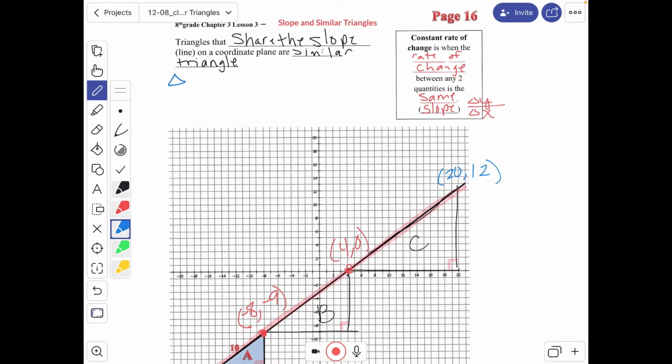Change of y over change of x means that the y's go on top. So the y's that I have are 0 and -9. And the x that went with 0 is 4, minus the x that went with -9 is -8.